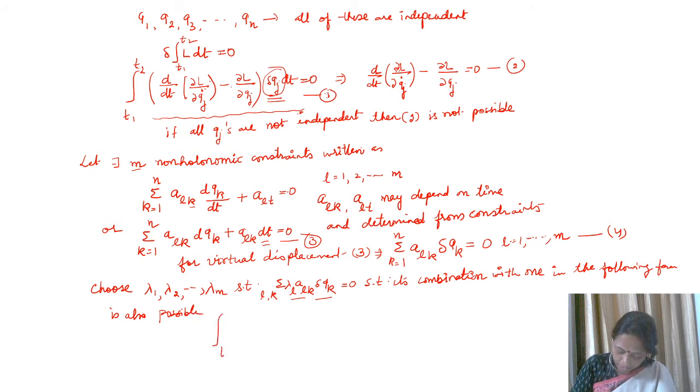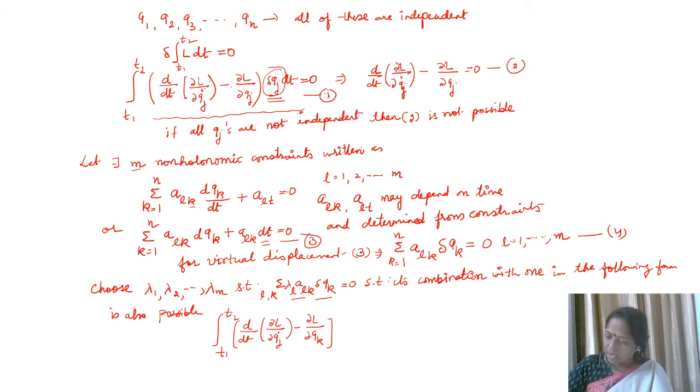Integral T1 to T2 of d/dt of (delta L by delta Qj dot) minus delta L by delta Qj, plus summation lambda L A_LK delta QK. Okay, this I wrote for J. I may replace it by K because it is just the dummy suffix.